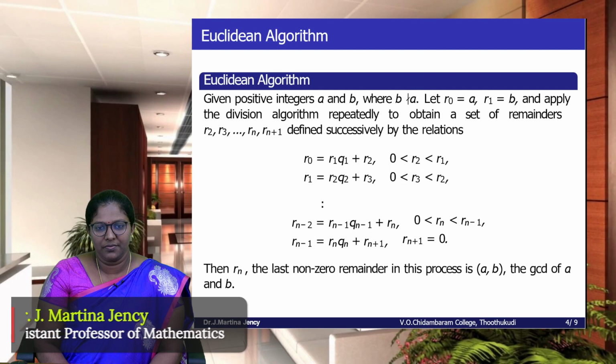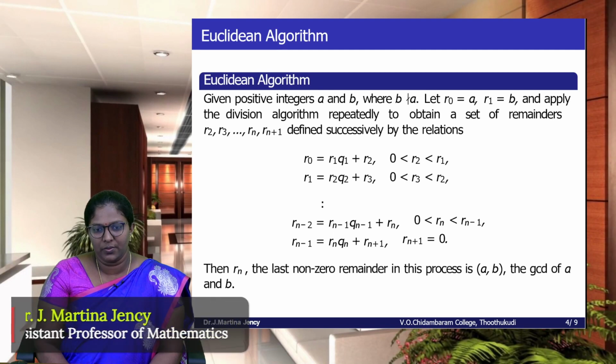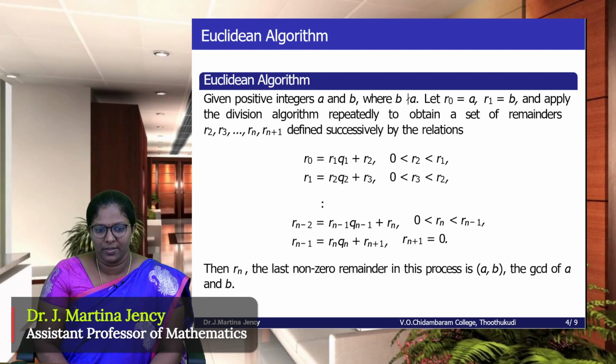These remainders are defined successively by the relations r0 equals r1 q1 plus r2, where r2 lies in the interval 0 to r1, and similarly we can define the other remainders. Then rn is the last non-zero remainder in this process, which is known as the GCD of a and b.